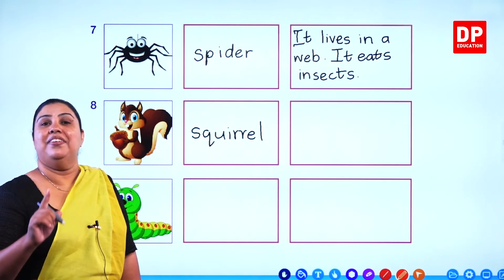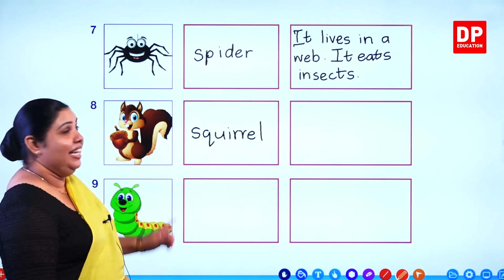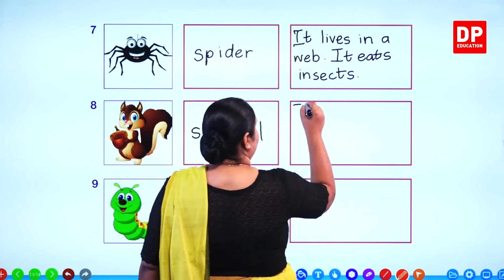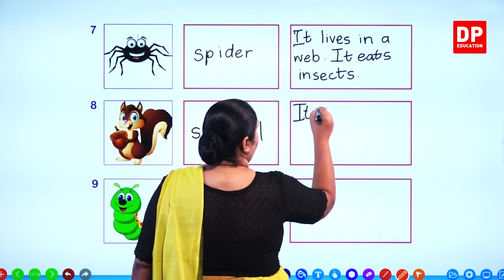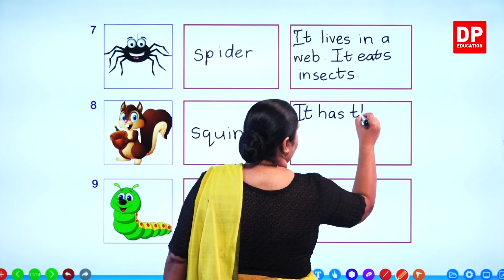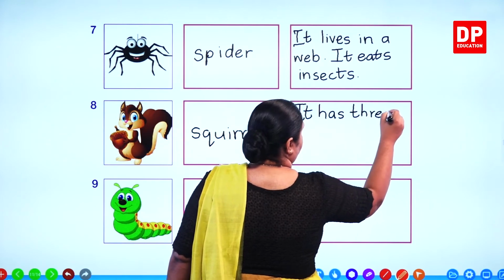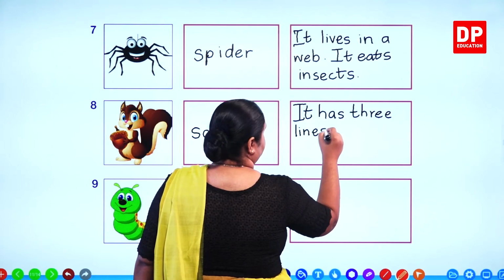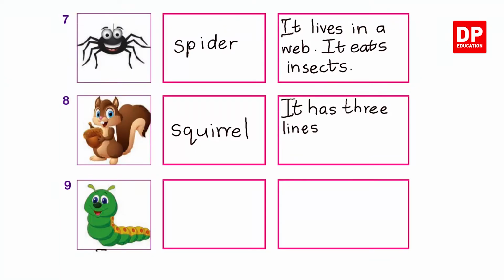So now we will write the description like this. It has 3 lines. Can you remember? It has 3 lines on its back.